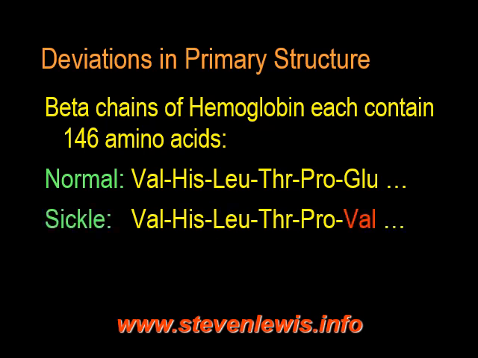There is a genetic disease that results in the substitution of one amino acid for another in the beta chain. The disease is called sickle cell anemia and involves the substitution of the amino acid valine for the amino acid glutamate in the 6th position of the beta chain. The remaining 145 amino acids in the beta chain are the same. And yet, as a result of that one substitution, we get a genetic disease that is life-shortening.